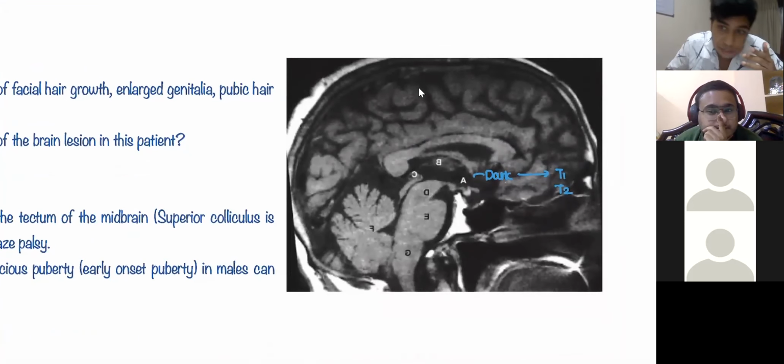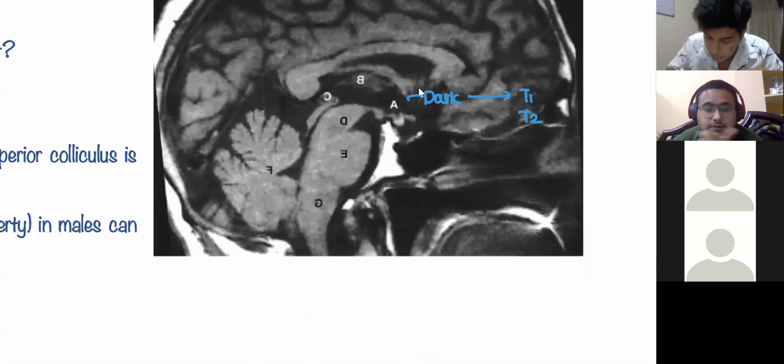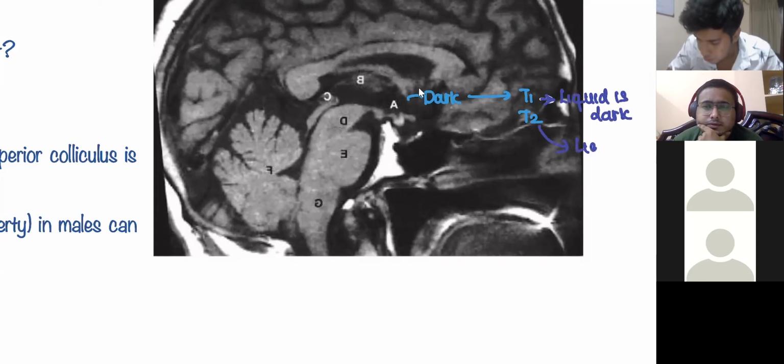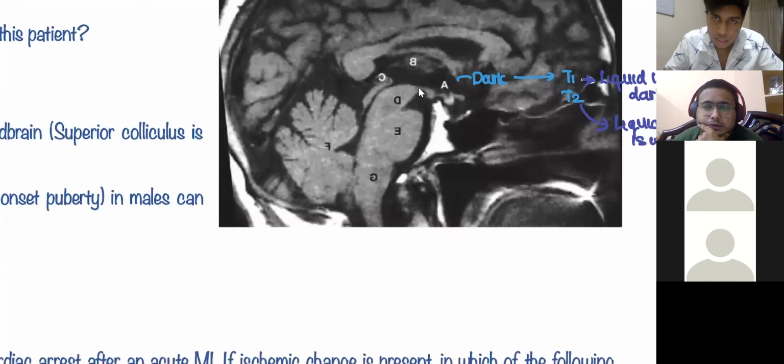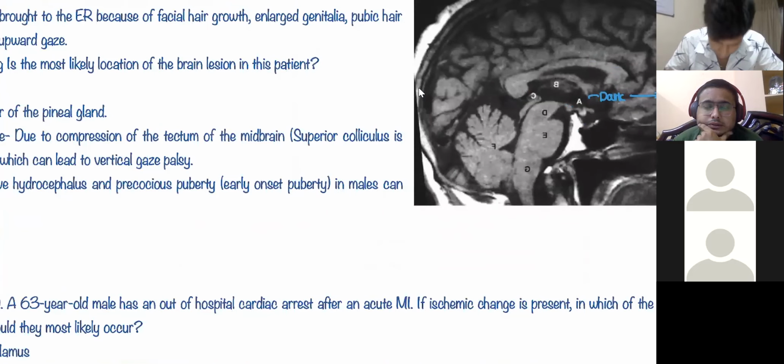And let me just give you the answer for this, because if you guys don't look it up: if you have a T1 weighted imaging MRI, liquid is dark. T2, liquid is white. Okay, this is for the people who have studied radiology. It's just a reminder of those two.